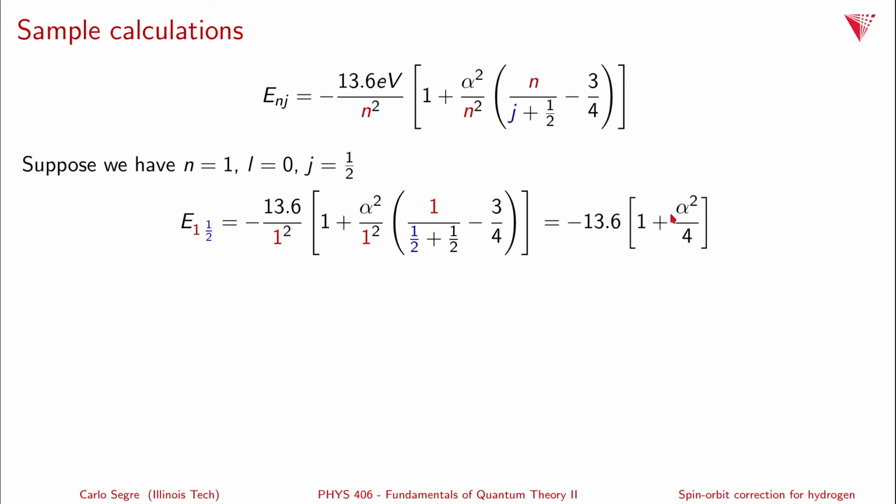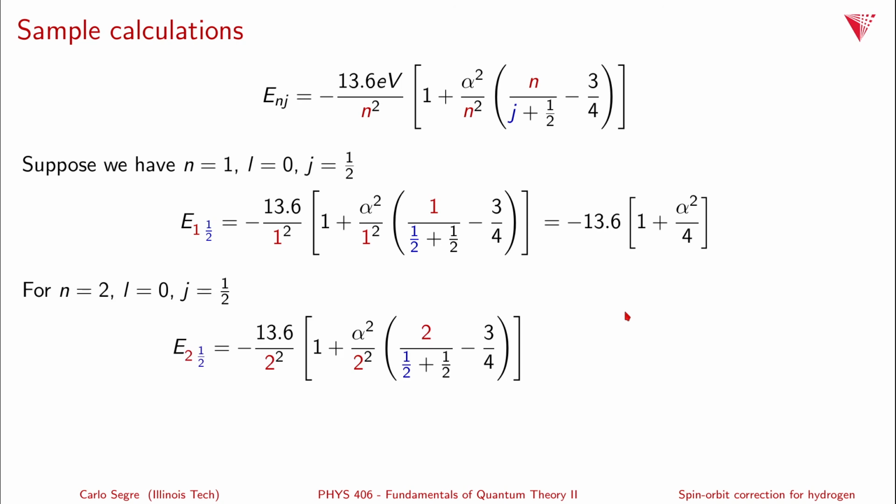Again, this alpha is 1 over 137, roughly. For n equals 2, L equals 0, and J equals 1/2, similarly, we have everything the same except we have a 2 in here instead of a 1. And now this is 2 over 1. This is alpha squared over 4, and this is minus 13.6 over 4. So you get minus 13.6 eV over 4 times 1 plus 3 alpha squared over 16.